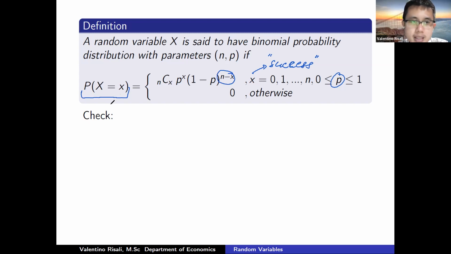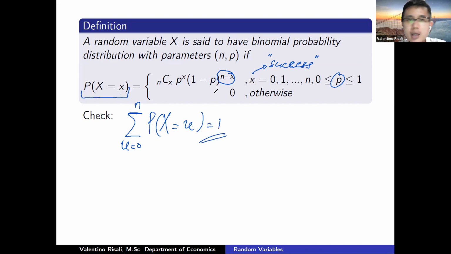And then you can check that the sum of all P(X equal to little x) from x equal to 0 to n is equal to 1. For the explanation, you can refer to the book written by Ross, Introduction to Probability Models, to find the reason why the sum is equal to 1. And clearly it is a PMF for the binomial case.